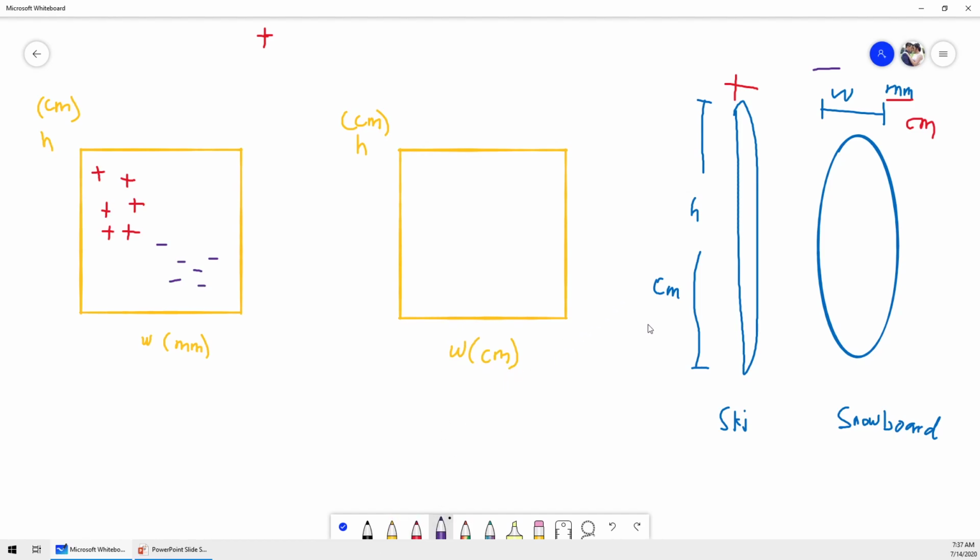Now, since the values of the width in centimeters are a lot smaller compared to the values of the height, we would expect the snowboards, since the values of the width are now really small, to be in this space or area.